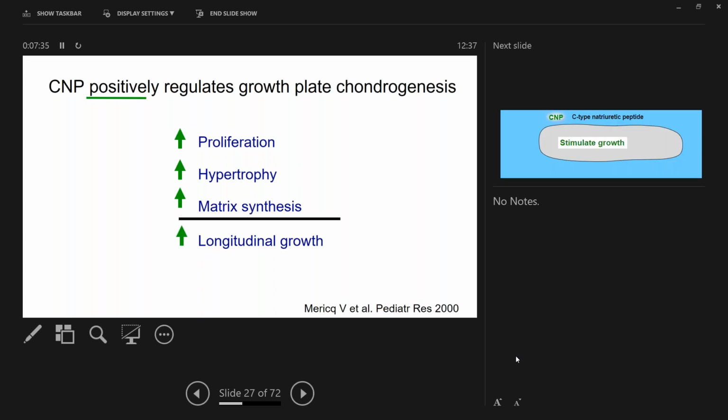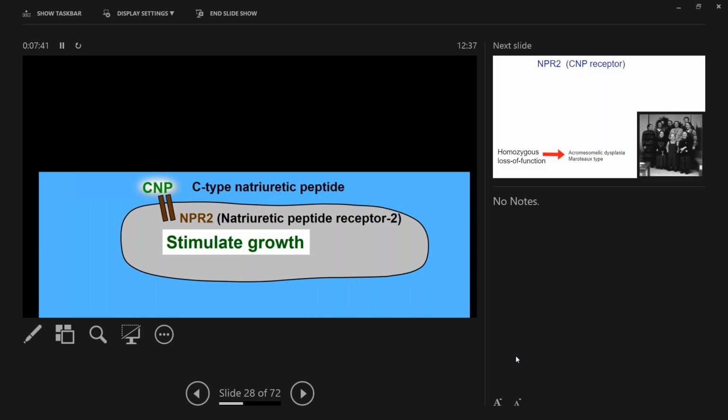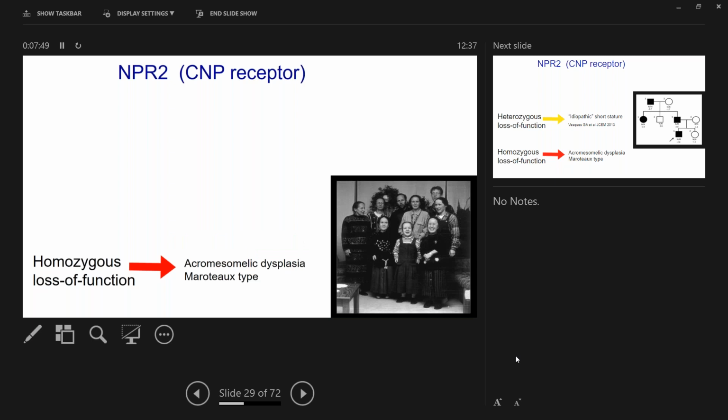And that's why it also stimulates longitudinal growth. In the cells, it acts through the NPR2 receptor, the natriuretic peptide receptor 2, to stimulate growth. Consequently, if you have homozygous loss of function, you get a severe skeletal dysplasia called acromesomelic dysplasia Maroteaux type.